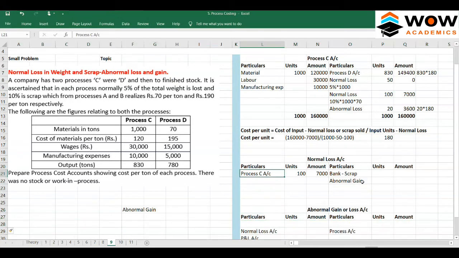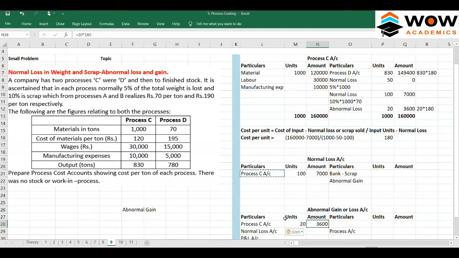Again we'll take process C. There is an abnormal loss, so that could be transferred to the abnormal gain or loss account. So we have 20 units and 3,600.